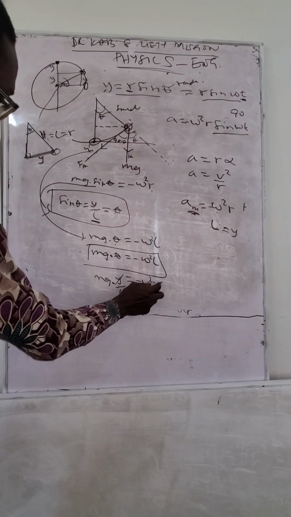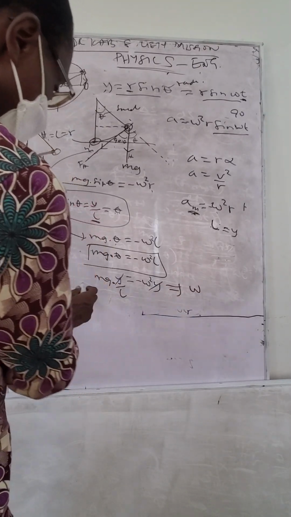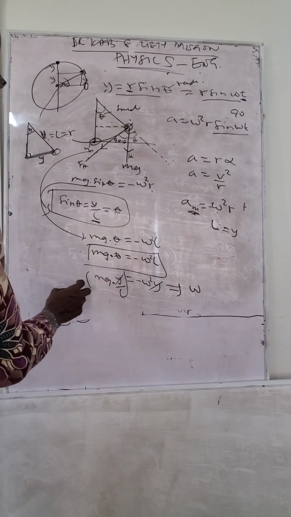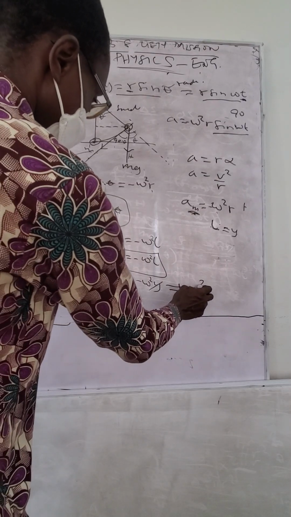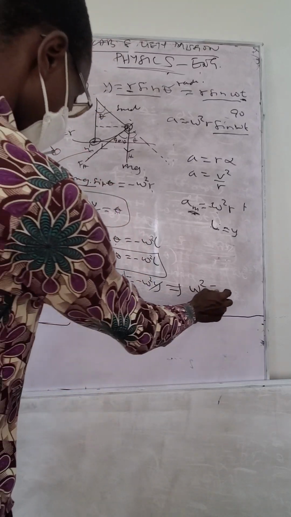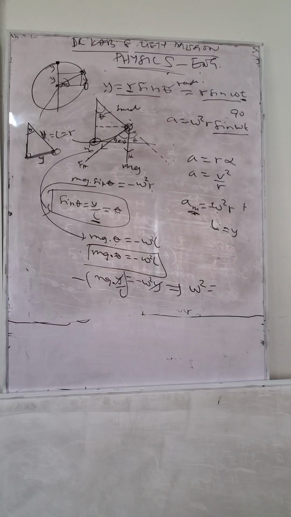From here, this will cancel that. So this means that omega, of course, this whole thing, if we are writing it in proper sense, will also be negative. Omega squared is equal to, as we showed it here.